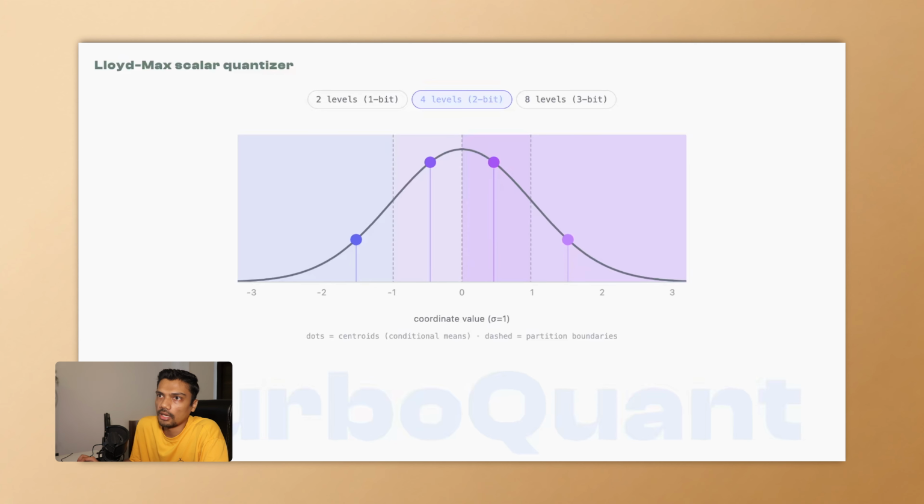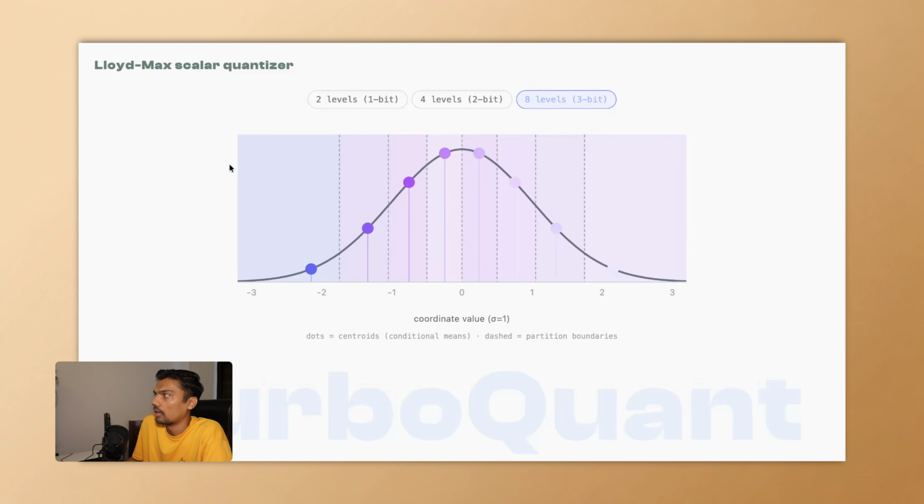These two steps alternate until convergence, and the result is the optimal scalar quantizer for a given distribution. As you can see in the diagram in front of you, we have a 1-bit quantizer, a 2-bit quantizer with 4 levels, and a 3-bit quantizer with 8 levels, like the Lloyd-Max quantizer.